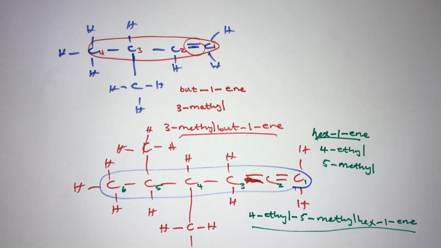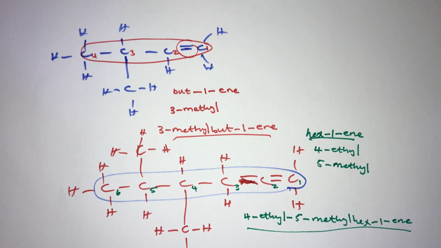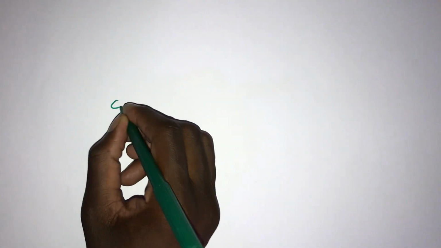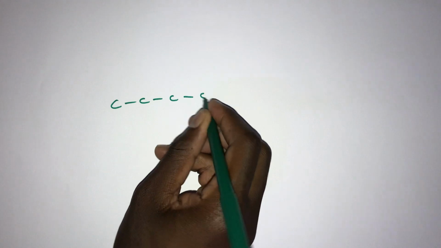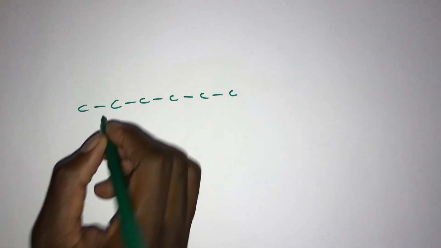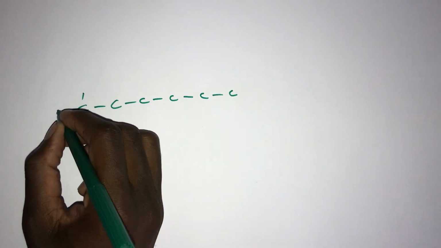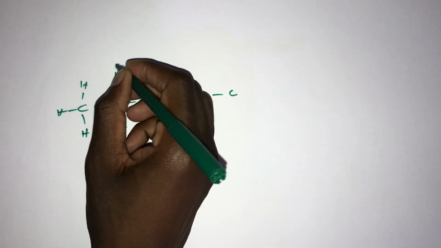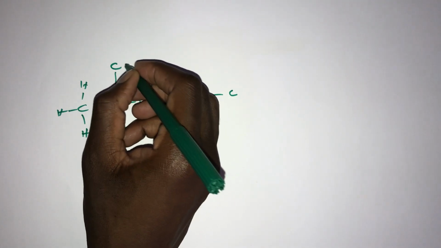So now let's say we include 2 branches, for example. So let's say this is the structure, and then we have a branch here which is a methyl.